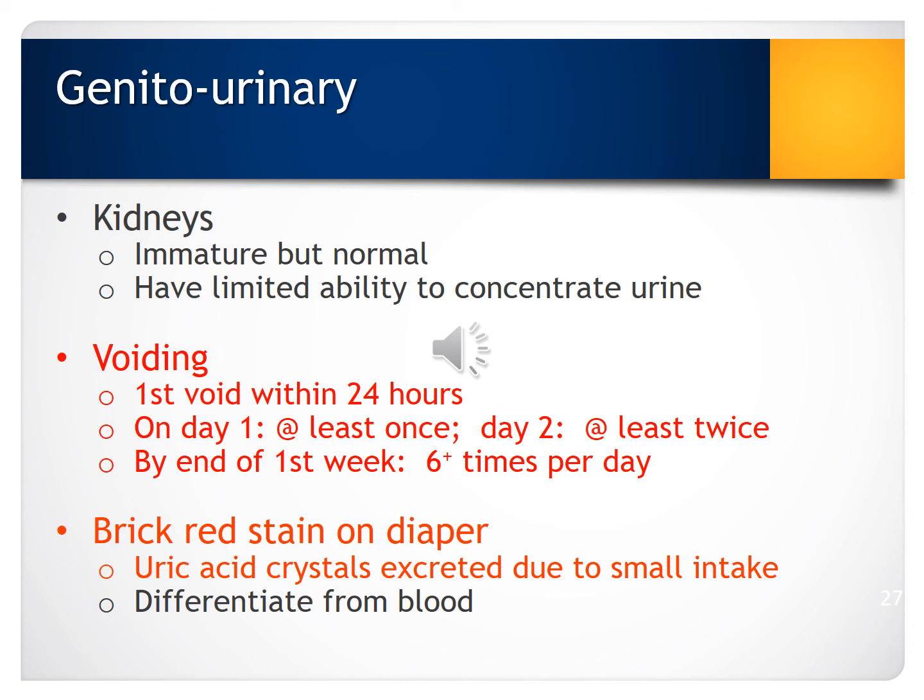And note that for the most part, the urine should be a normal pale yellowish color. Sometimes there can be a little brick red stain on the diaper due to uric acid. But again, we want to make sure that we differentiate that from any other causes of bleeding. Is there any trauma to the vaginal area or to the penis area that would cause some bleeding?